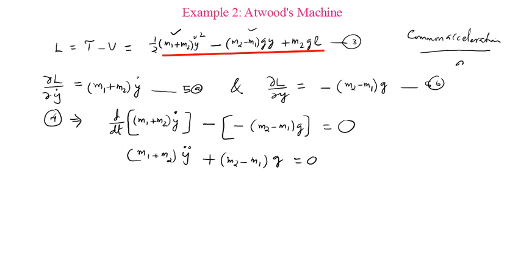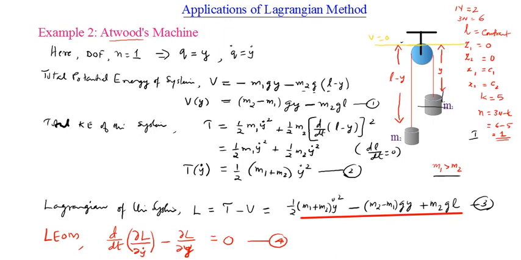We have taken the coordinate to be y. So y dot is the velocity. Acceleration is nothing but dv by dt, which is y double dot. You could have taken the vertical direction as x, then it would have been x double dot. It doesn't matter whatever symbol you use.